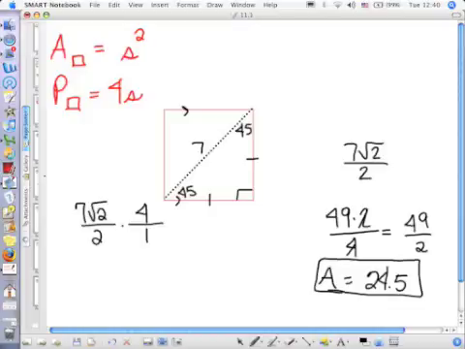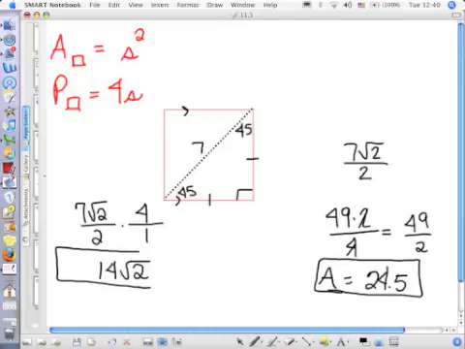So it's 28 square roots of 2 over 2. And 28 divided by 2 was 14. Okay? Wait. I thought it was 28 times. It's the side, here's the length of my side, times 4.